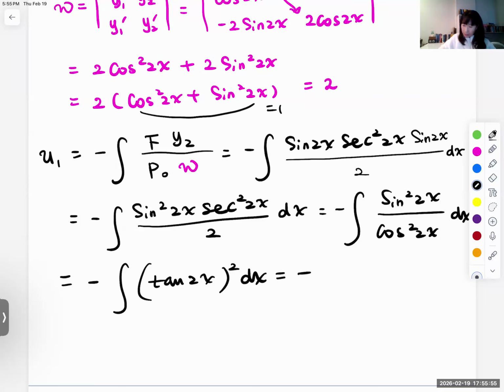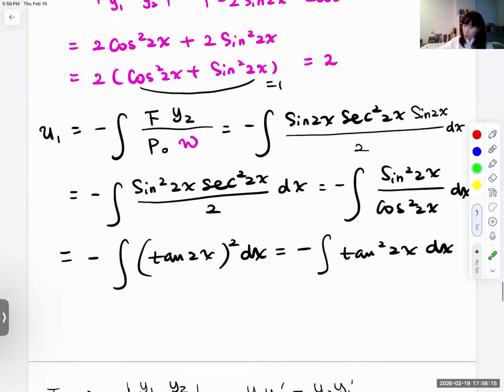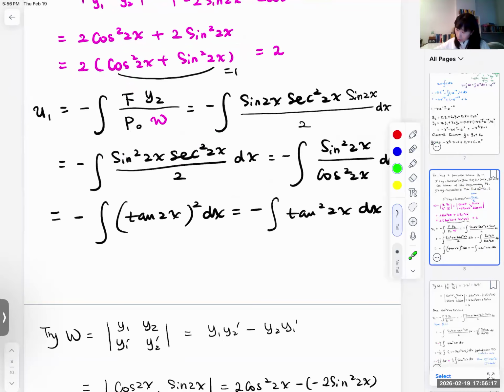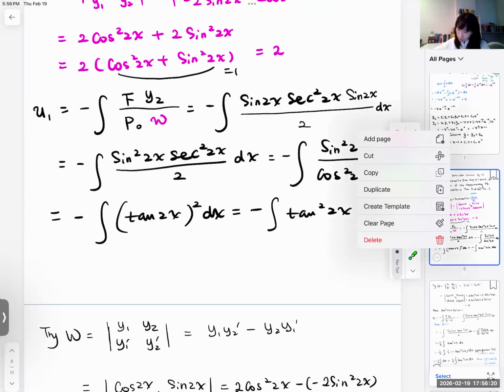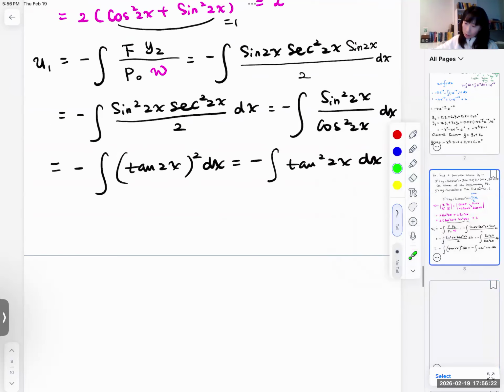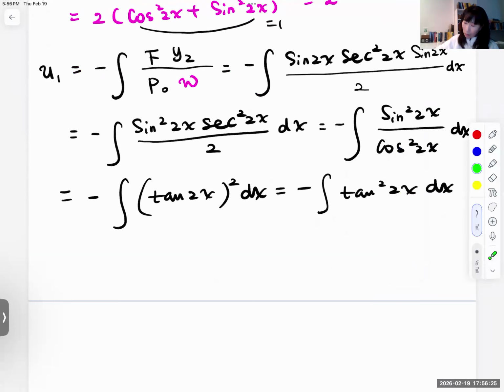Which is the same as tan square 2x. Unnecessary steps, I just want to show you, right? Okay, now tangent square 2x, right?